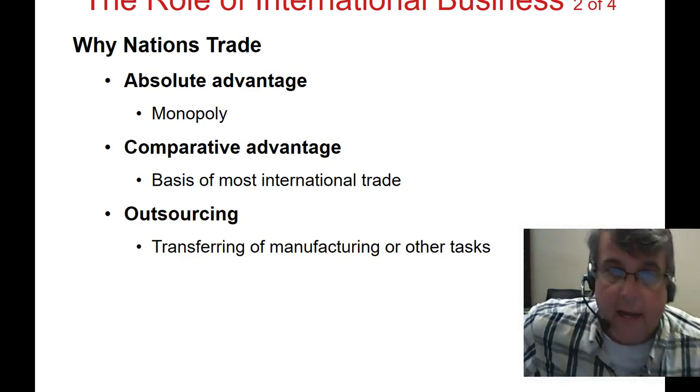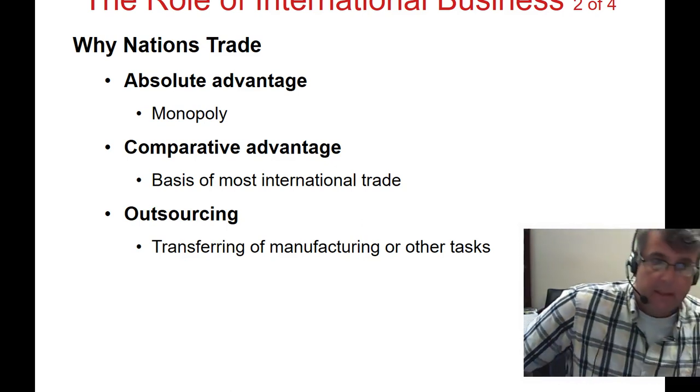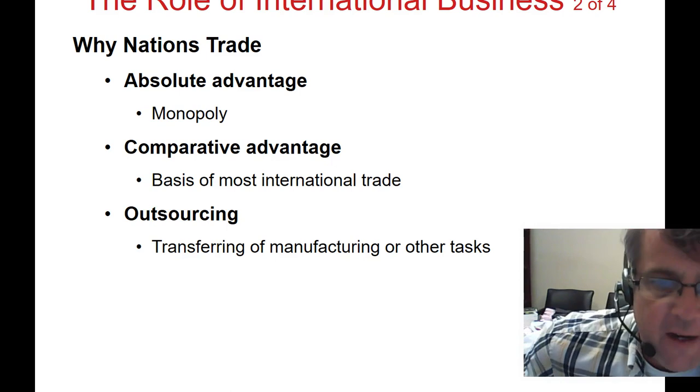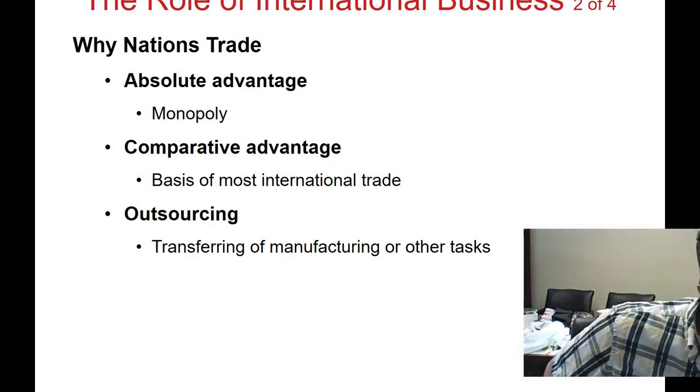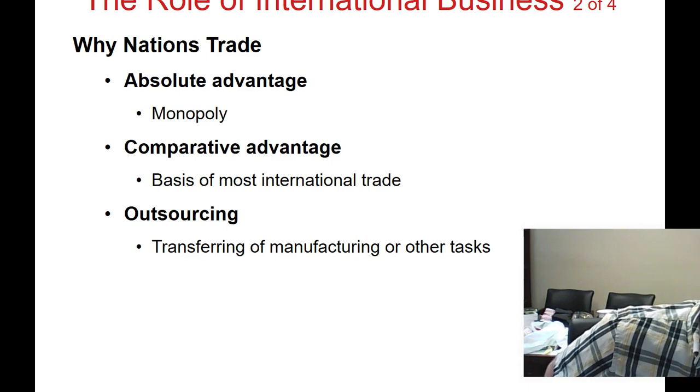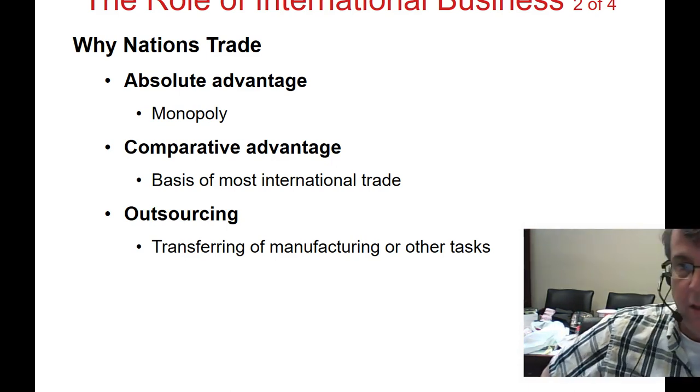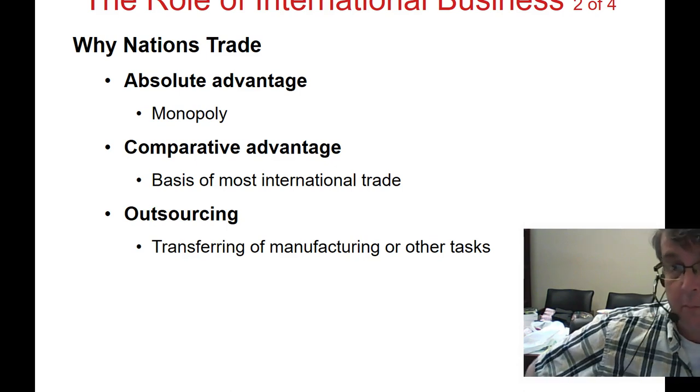Now, outsourcing is the transferring of manufacturing or other tasks, such as data processing, to countries where labor and supplies are less expensive. We all know a perfect example of this here in the US, and that's customer service, 1-800 numbers.